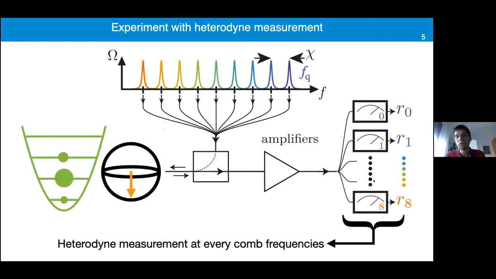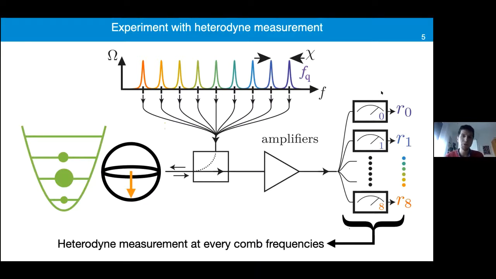And then we demultiplex the reflected frequency comb and perform a heterodyne measurement at every comb frequency. So instead of an unconditional pi pulse, we have a continuous frequency comb, and instead of an array of perfect photodetectors, we have heterodyne measurement.